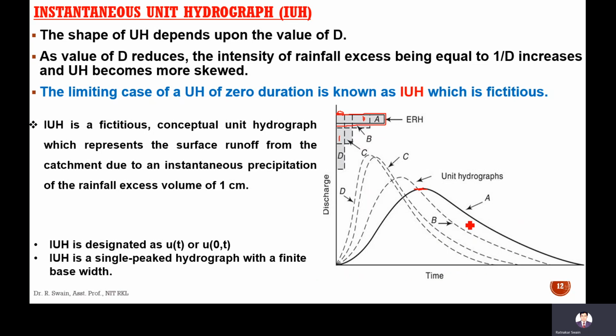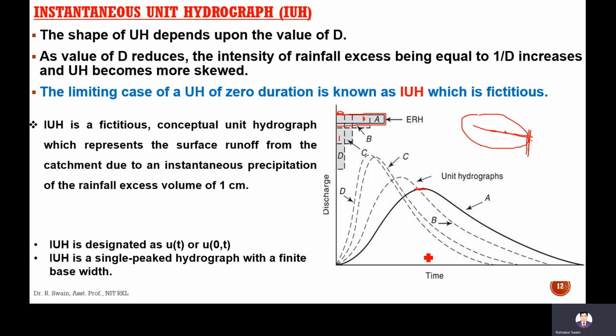Means the plot will skew. If the same excess rainfall is occurring in a very short time period, then obviously the flow will come quickly to the gauging station. Here this is the catchment, and this is the gauging station. So for small duration, quickly it will reach the gauging station. So peak will come very quickly, and base time will be very less.